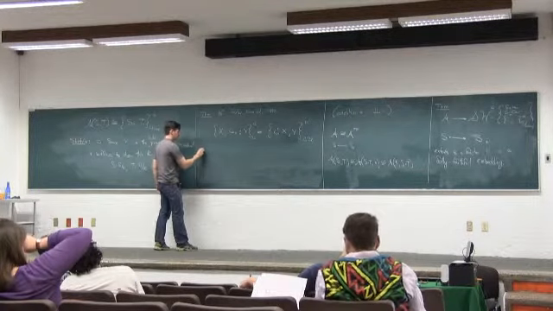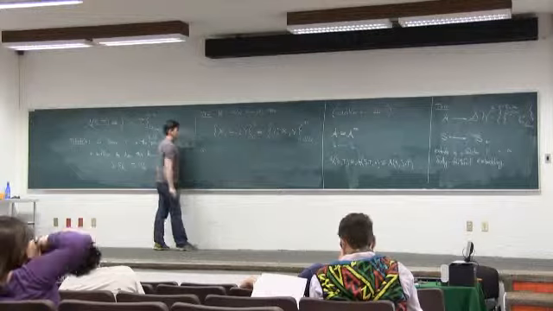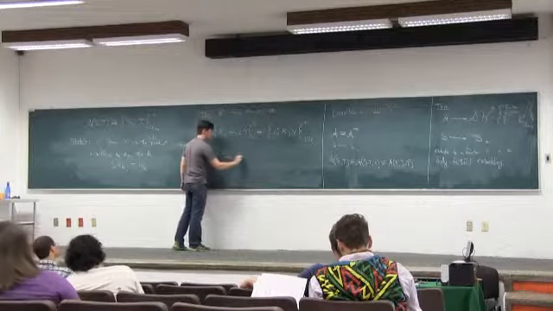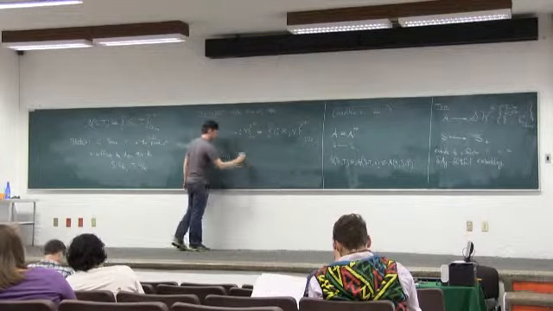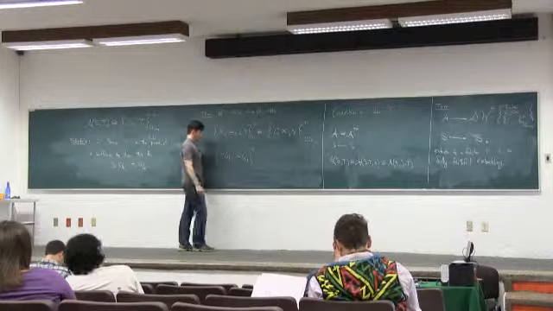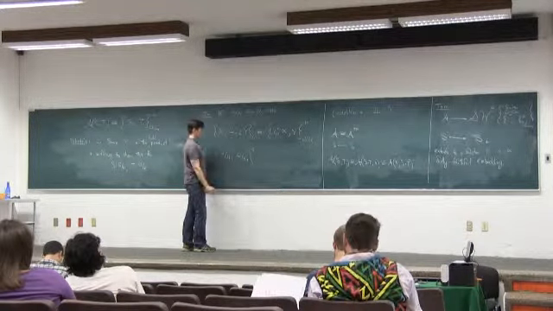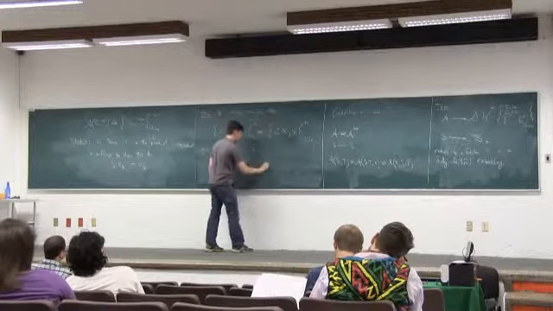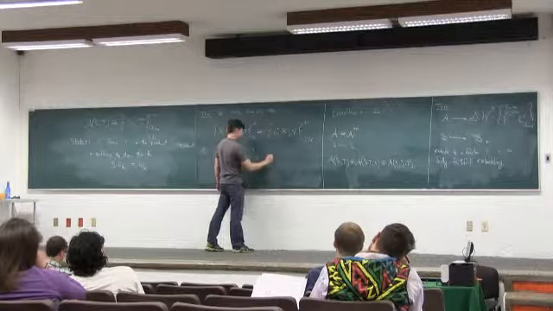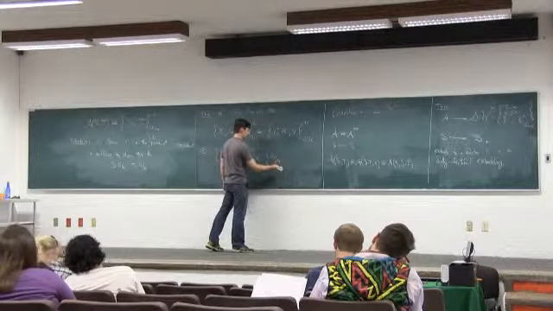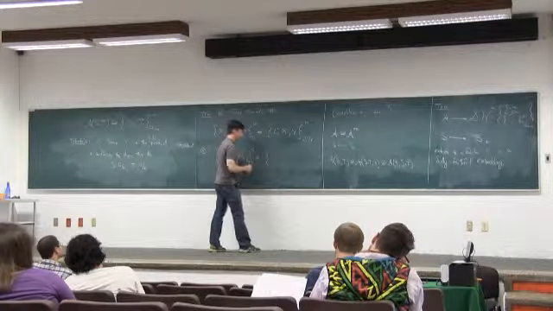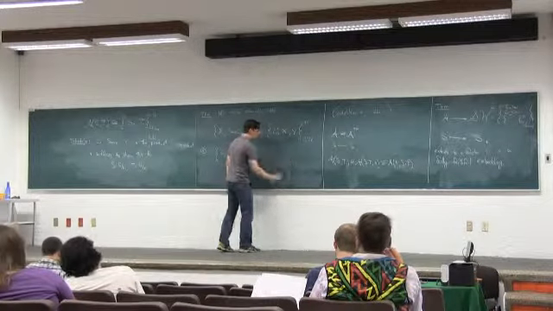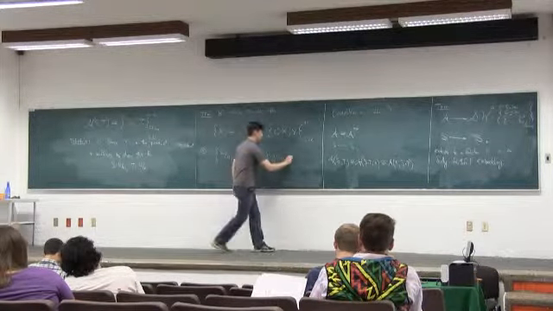So part 2. If I look at maps from G mod H plus to G mod K plus, well, by this adjunction, this is the same as K equivariant maps, I'm sorry, into, well, just the zero sphere.